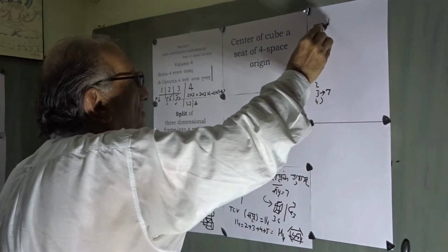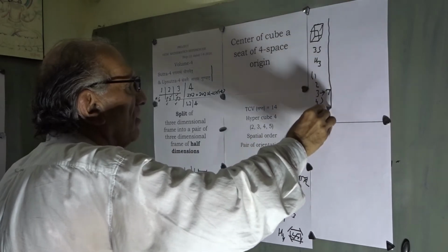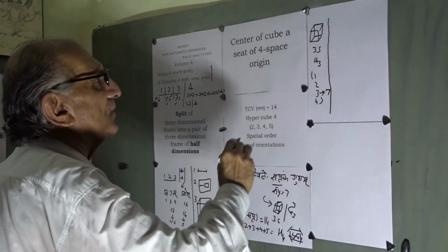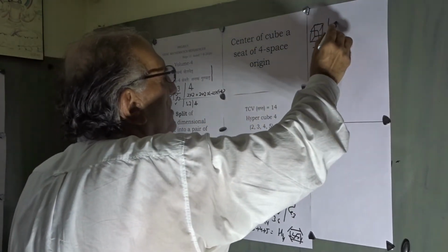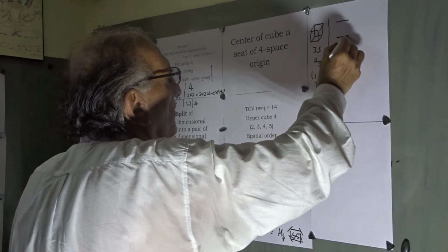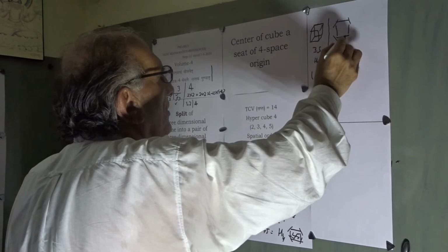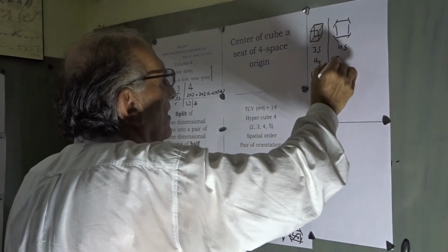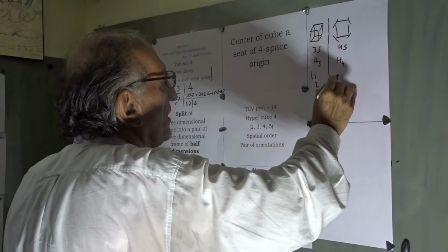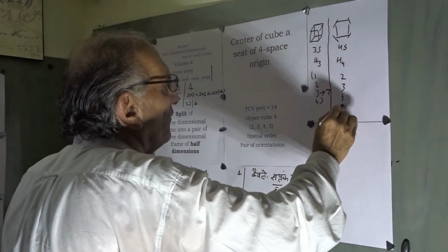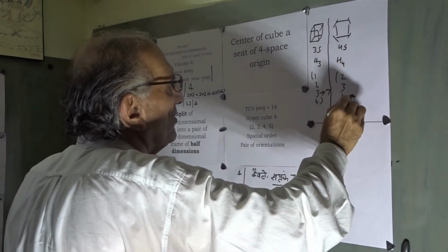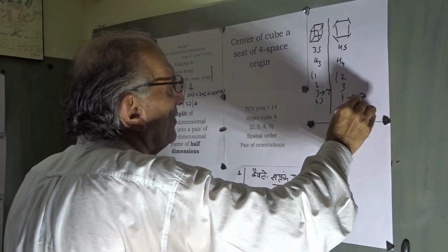There are 7 versions of hypercube 3. A step ahead is a 4-space body, hypercube 4. It is H4, it is 2, 3, 4 and 5, and here the geometries' range is going to be 9.